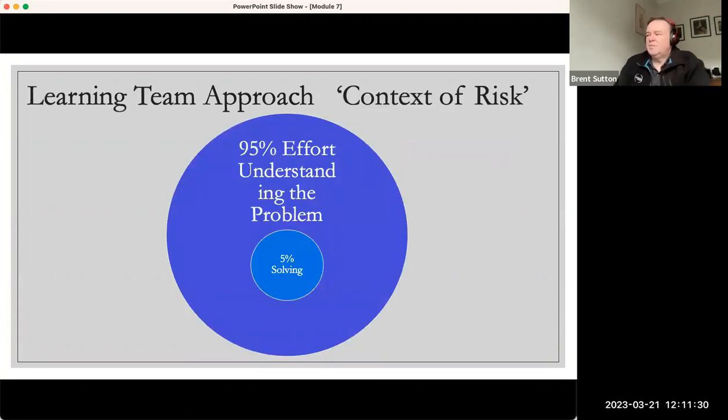And in that learning team around that machine, we're going to spend 95% of our effort understanding how work is done on that machine and only 5% solving, because we really want to focus on how workers are exposed to the different danger zones on that machine when performing their different jobs and tasks over those different modes of setup, run, clean, clear jams, and maintain.